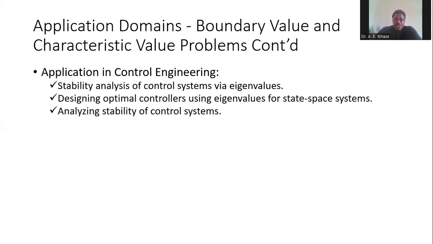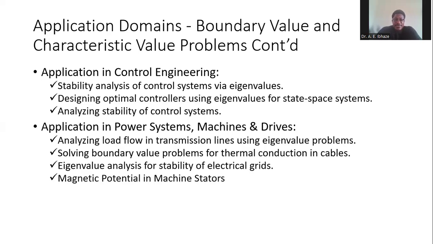And then in control engineering, the boundary value and characteristic value problems apply in stability analysis of control systems via the eigenvalues, and also for designing optimal controllers using eigenvalues for state space systems. Then in control engineering, we also use them for analyzing stability of control systems. While in power systems and machines and drives, they're used for analyzing load flow in transmission lines using the eigenvalue problems, solving boundary value problems for thermal conduction in cables.